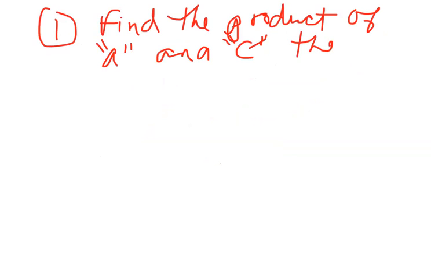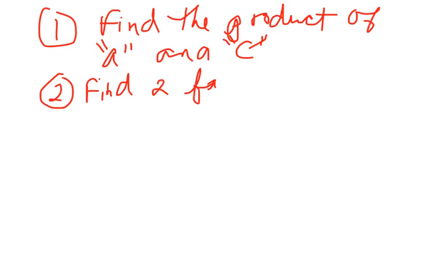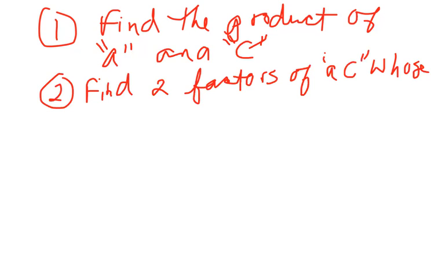So we're going to find the product of A and C. Number two, you're going to find two factors of AC whose sum is B, the middle term.